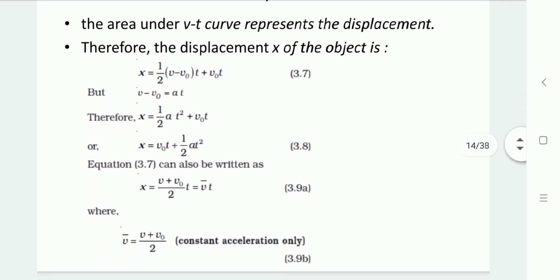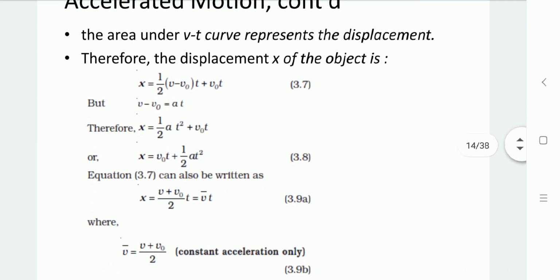But we have from the earlier equation v equals v0 plus at. From that, let us rewrite v minus v0 equals at. So in place of v minus v0, place at. So we have the equation x equals 1/2 at square plus v0 t.